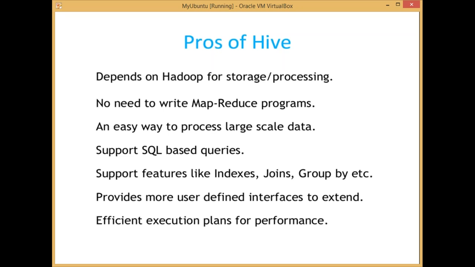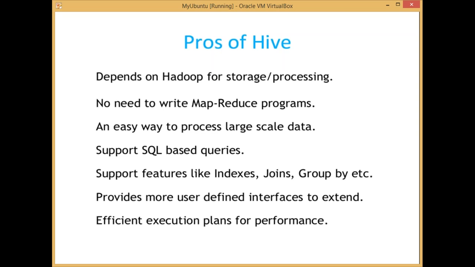Support SQL based queries. No need to learn any new syntax. If you are coming from SQL background, you will be aware about the basic query syntax of SQL. All the features like indexes, joins, group by, these features were not supported by HBase because that was NoSQL.